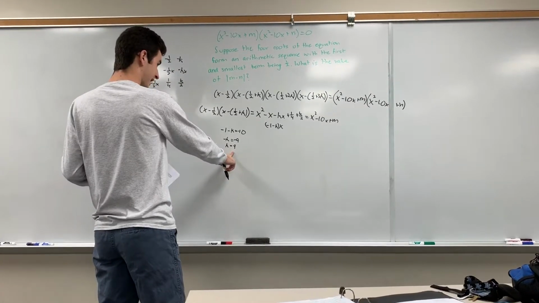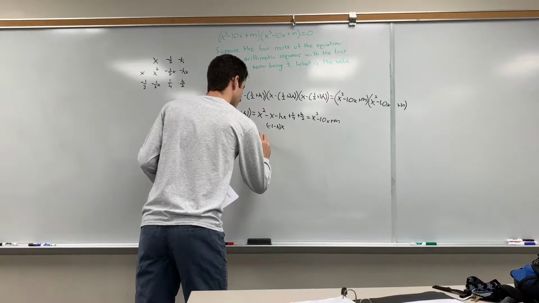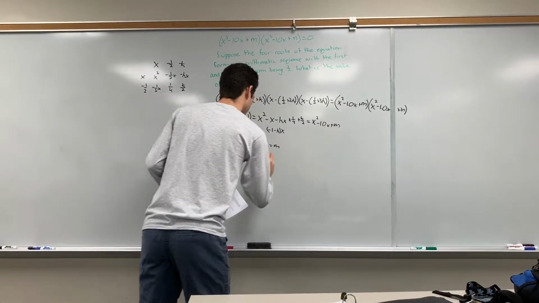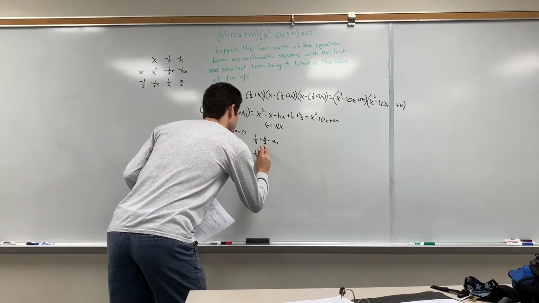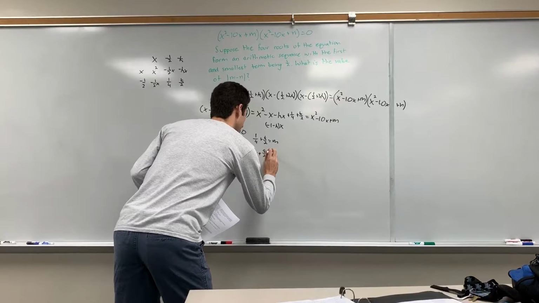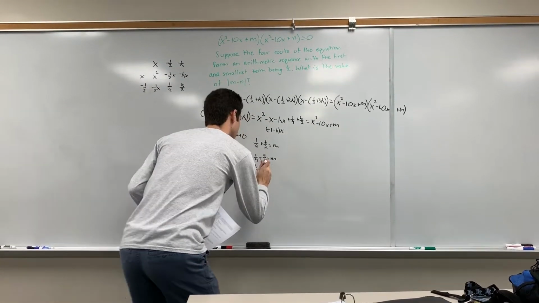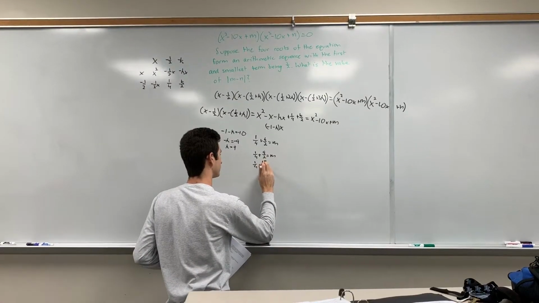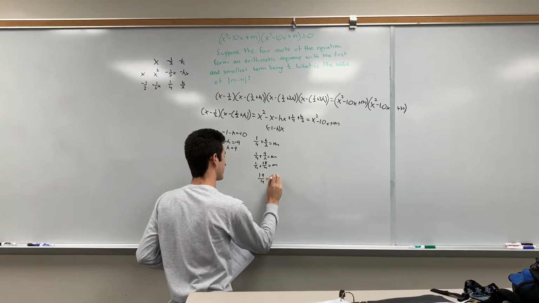If k equals 9, then 1 over 4 plus k over 2 equals m. So you can solve for m: 1 over 4 plus 9 over 2 equals m. So 1 over 4 plus 18 over 4 equals m. So 19 over 4 equals m.